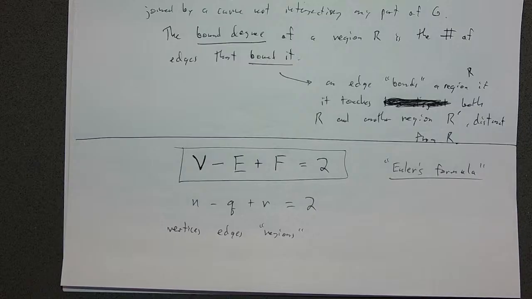The reason why it's always 2, I'll explain next time. The good news is that in graph theory, or in the theory of polyhedra, this number is always going to be 2. That has to do with the dimension that we're in, the 2D nature of it.